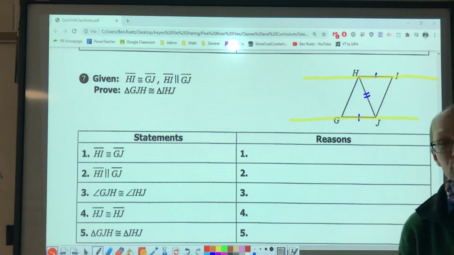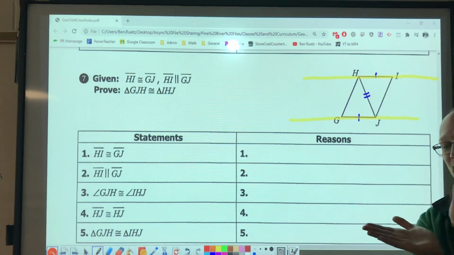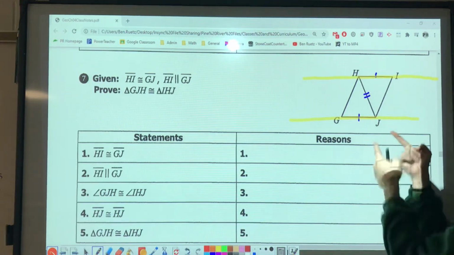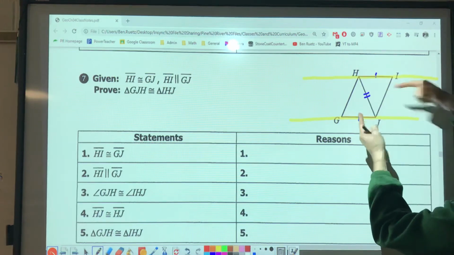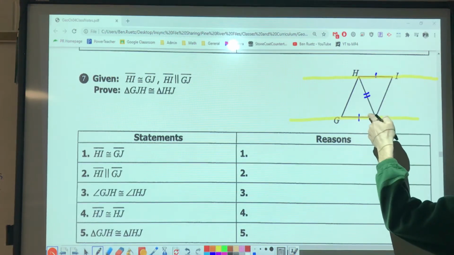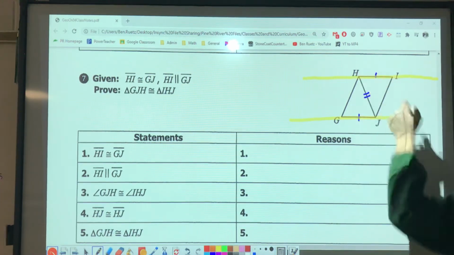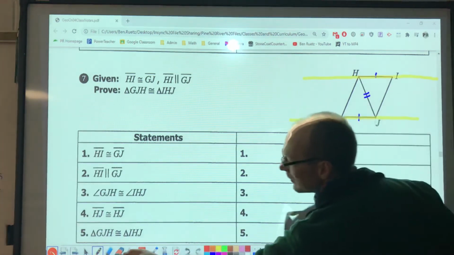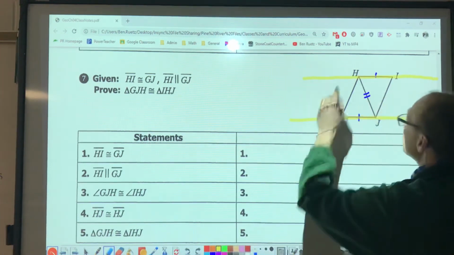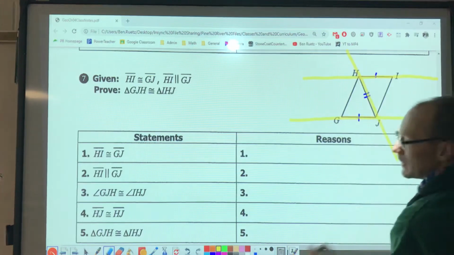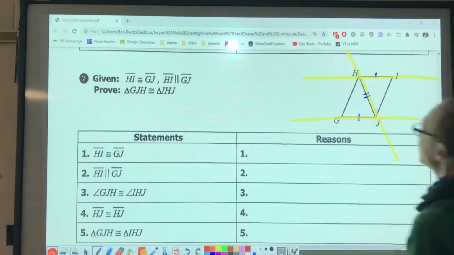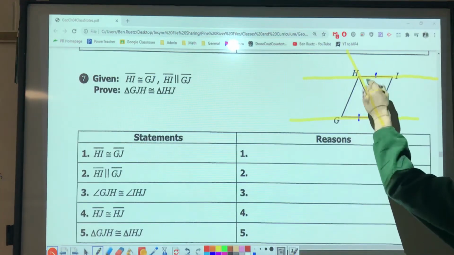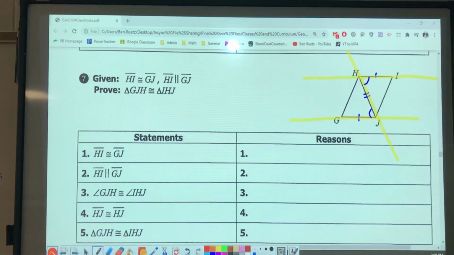Yes. And now do you see the two sides that can create the angle? These two sides create this angle, and these two sides create this angle. And look at that. I do believe alternate interior angles, those alternate interior angles are congruent.